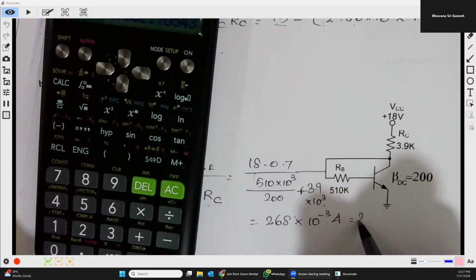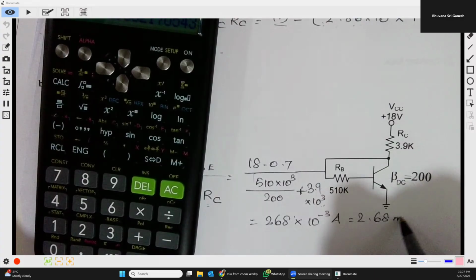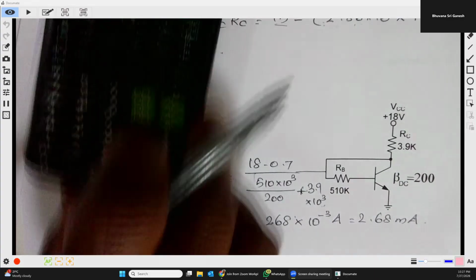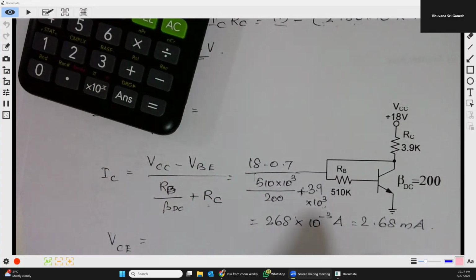So this is 2.68 milliamperes. This is your IC.